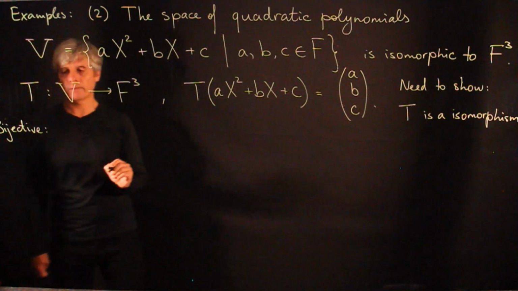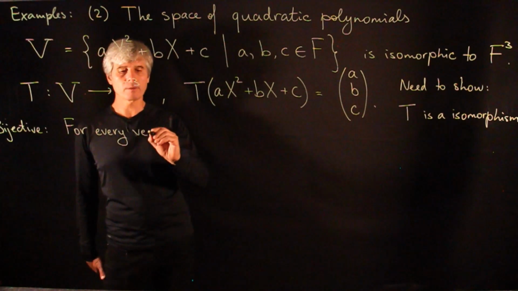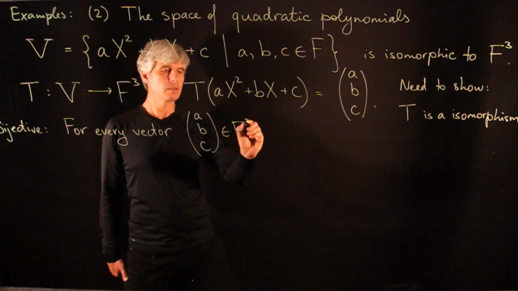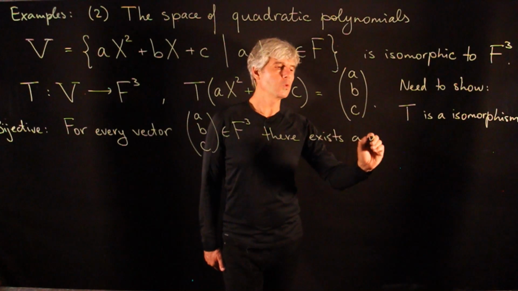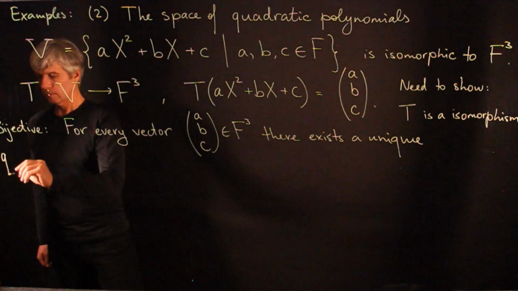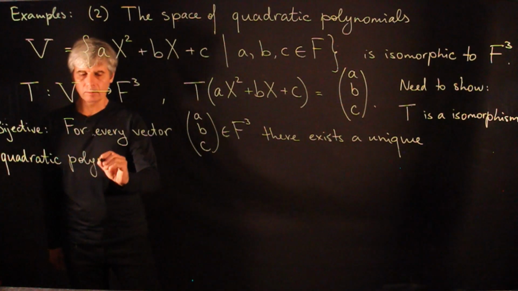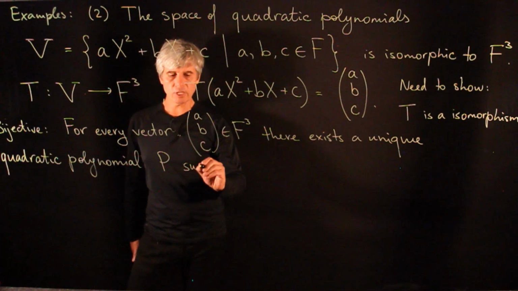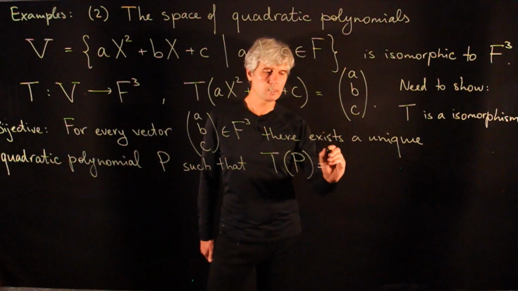So this means that for every vector ABC in F3, there exists a unique quadratic polynomial P such that T of P is equal to ABC.